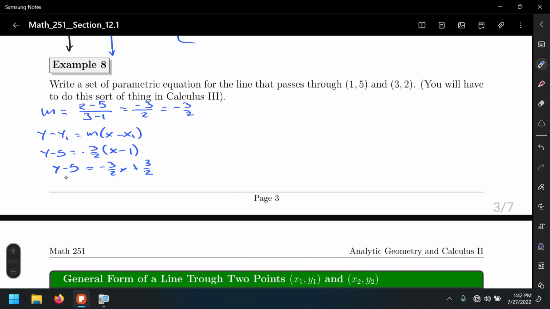Then solve for y by adding 5 to both sides. So y equals negative 3/2 x, and 3/2 plus 5 is 13/2. So that's the equation of the line, for which we might want to do a parametric equation.